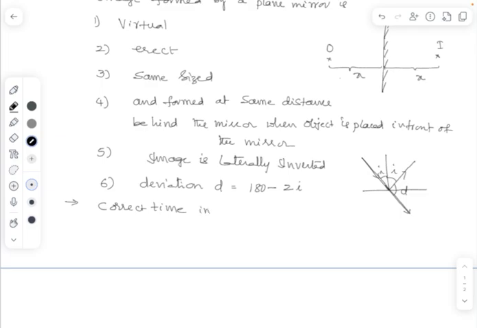Correct time equal to 12:00 minus time in mirror.